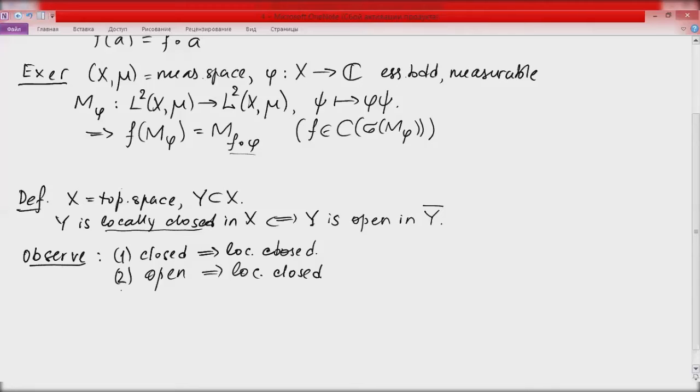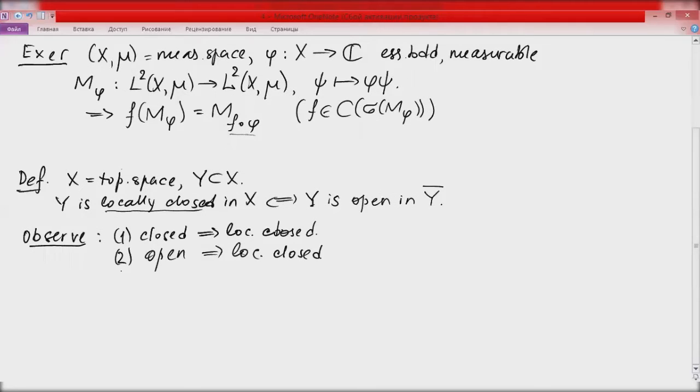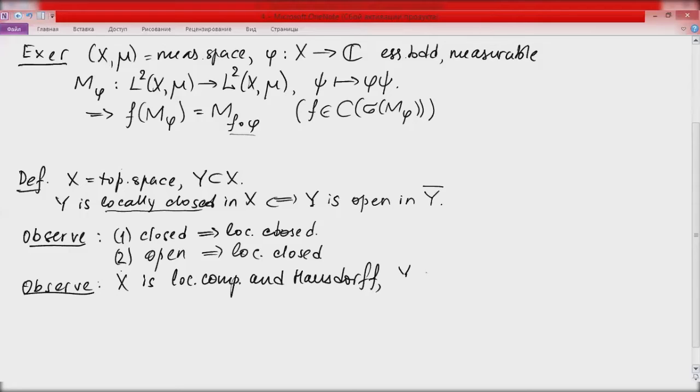What we actually need is the following simple but useful observation. So let's also observe that if X is locally compact and Hausdorff, and Y is a locally closed subset of X, then Y is also locally compact.